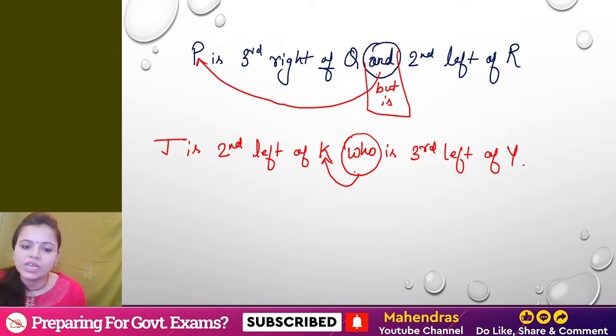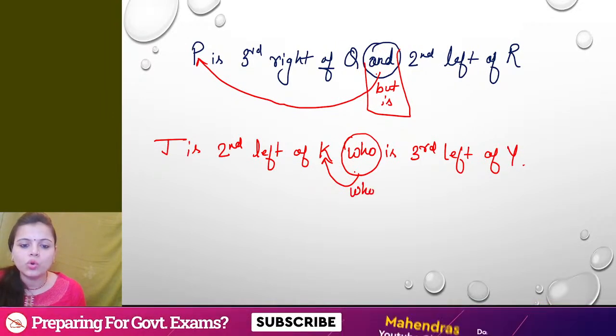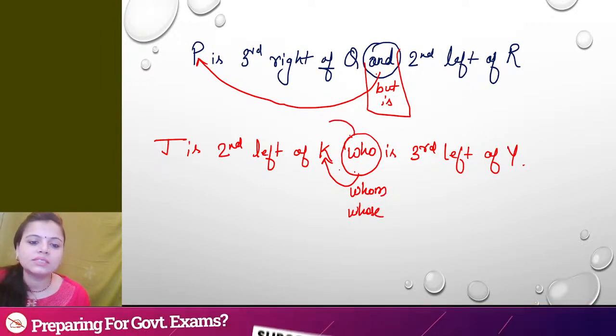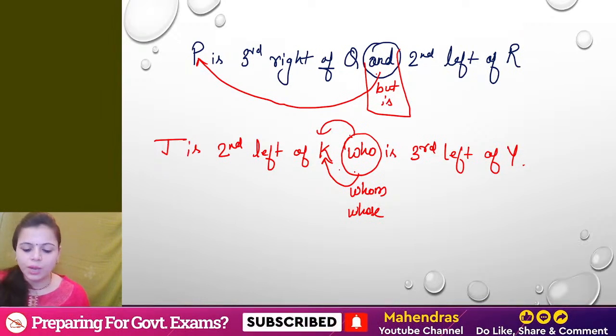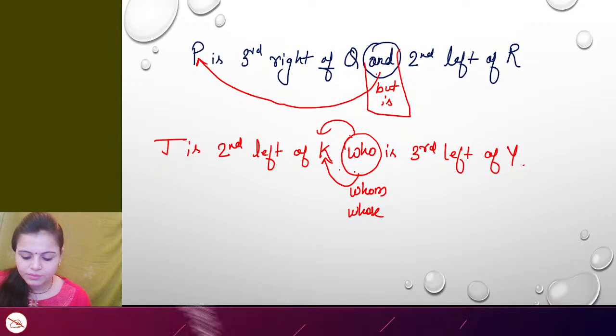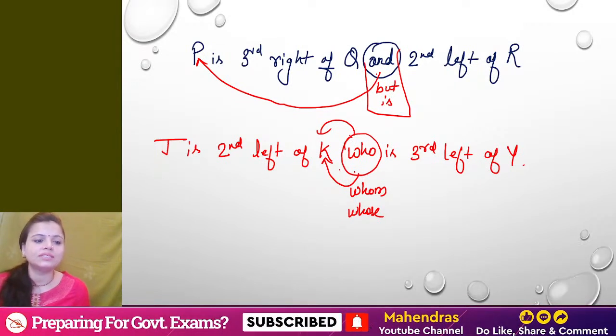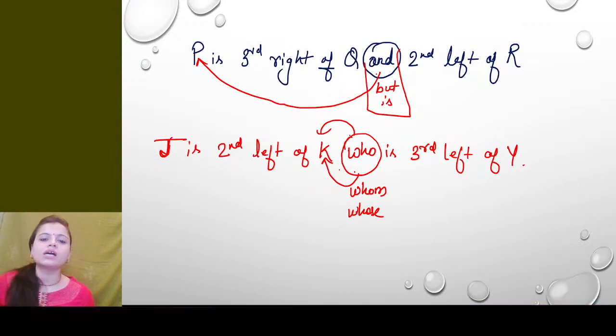The WH words who, whom, whose represent the second person. So this is the meaning of the conjunction.